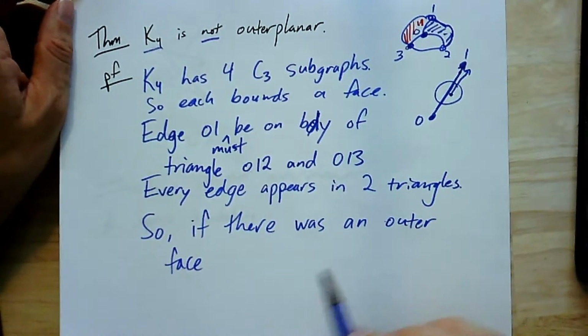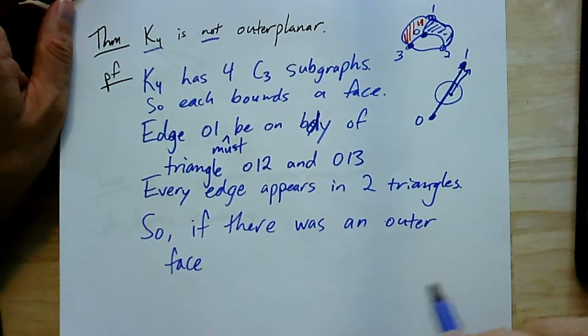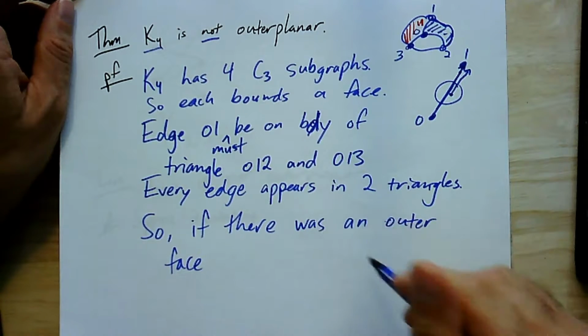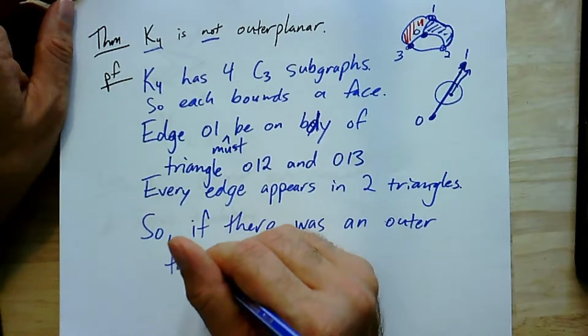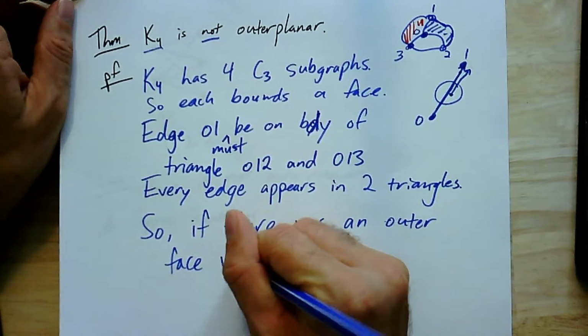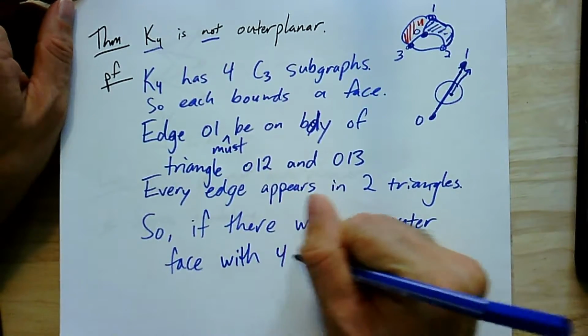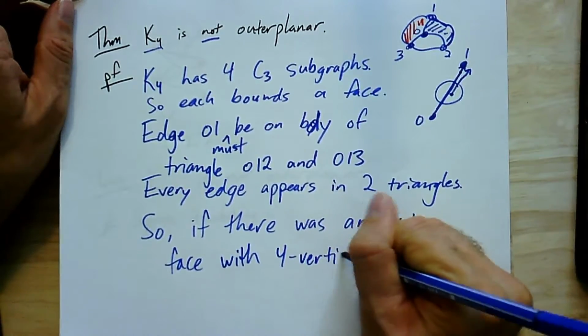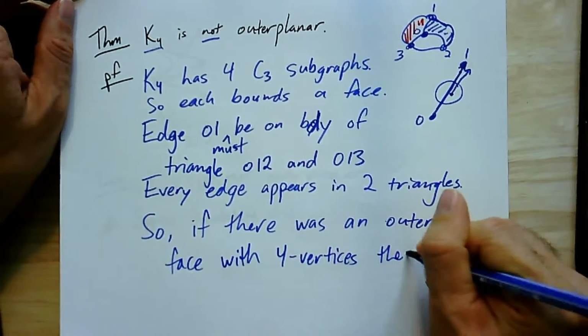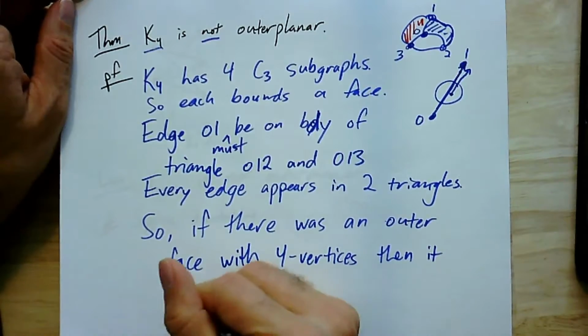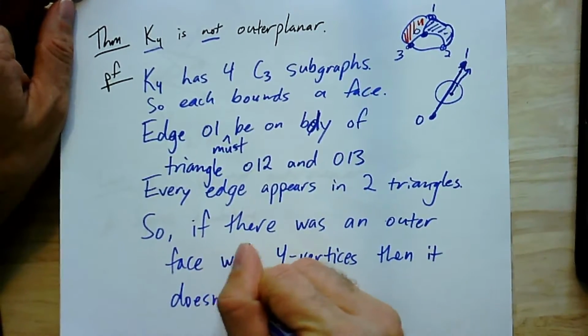Because it's not possible for me to go from, let's say, outside on the outer face and not reach any edges at all. So if there was the outer face with 4 vertices, then it doesn't have any edges, which is impossible.